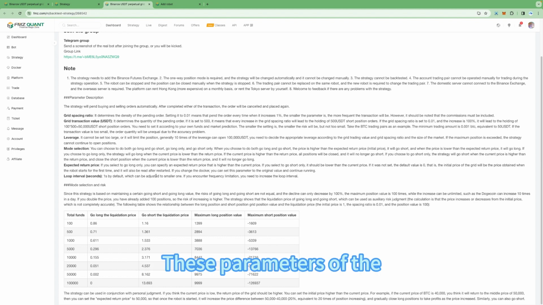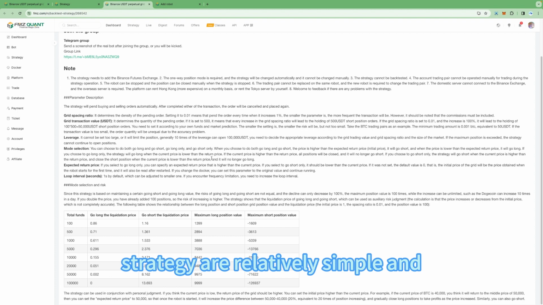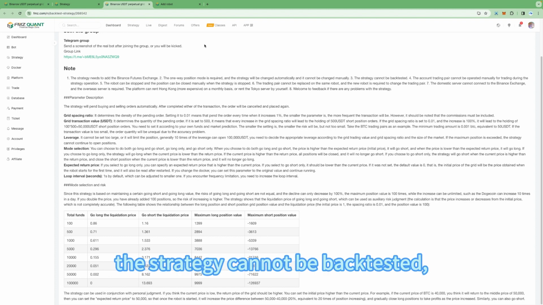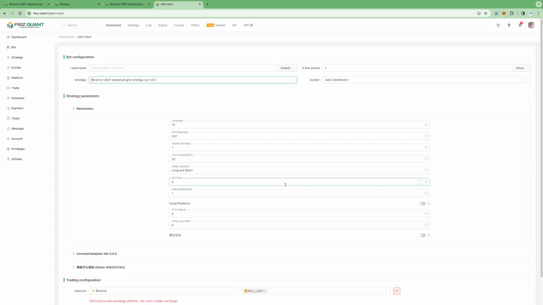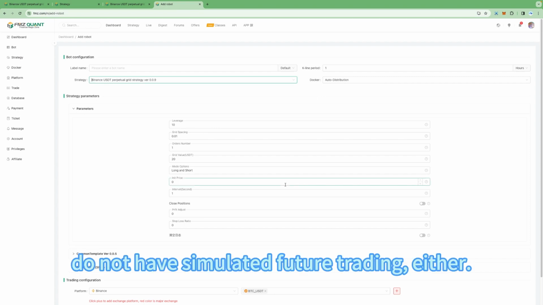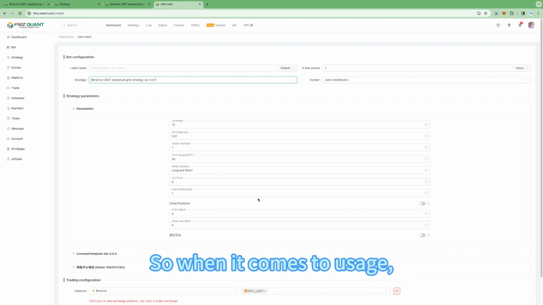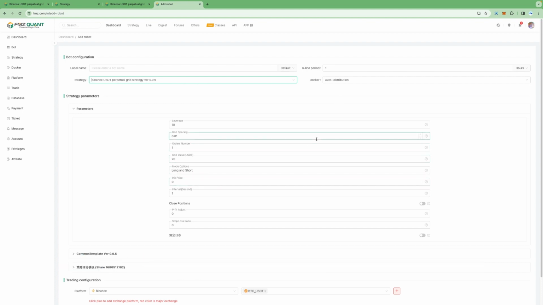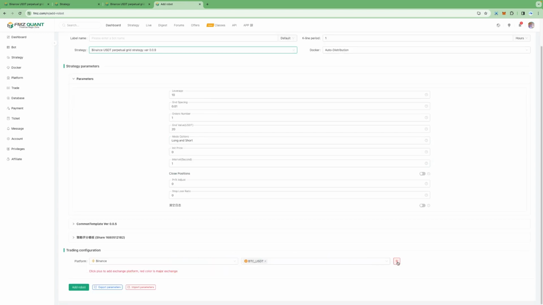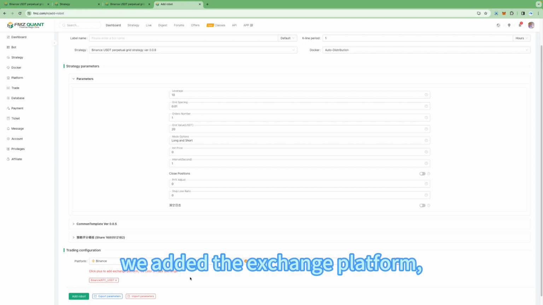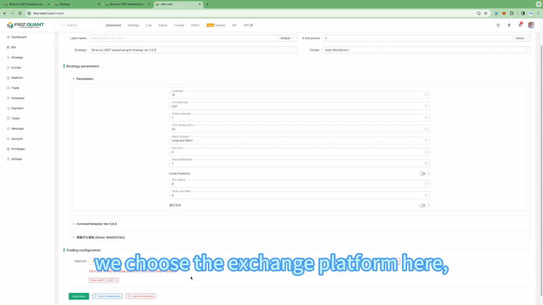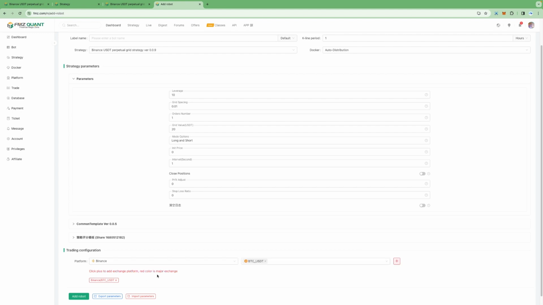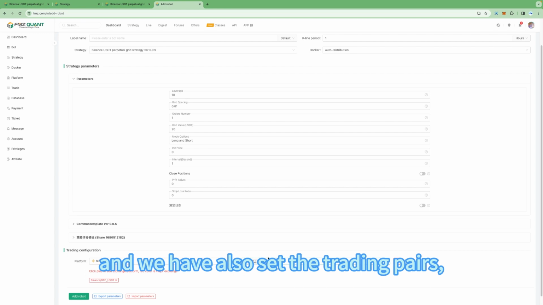These parameters of the strategy are relatively simple, and the strategy cannot be backtested. We do not have simulated futures trading either. So when it comes to usage, after configuring the Binance Exchange object, here click the Add button. We added the exchange platform. We choose the exchange platform here, and we have also set the trading pairs.